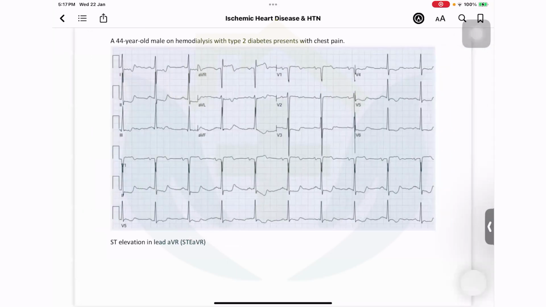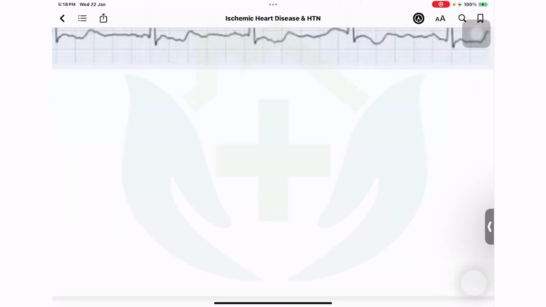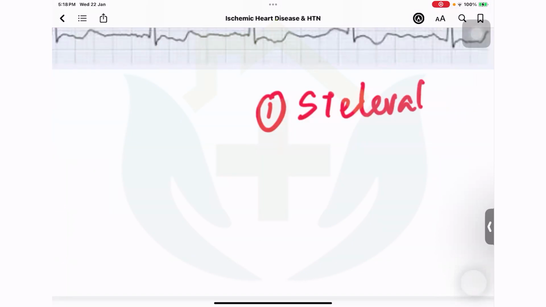A 44-year-old male on hemodialysis with type 2 diabetes presenting with chest pain. Now, when you look at the ECG from a chest pain perspective, maximum marks are given to ST elevation. Maximum marks.